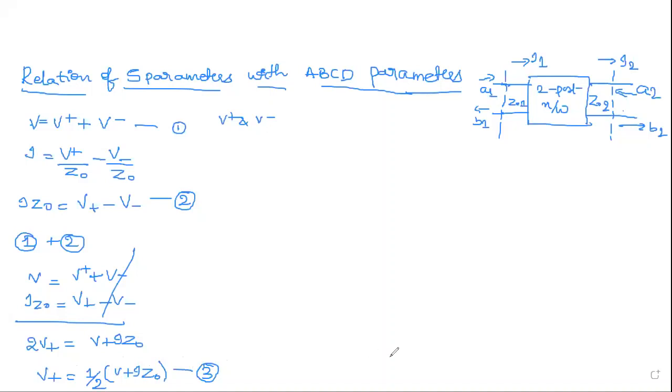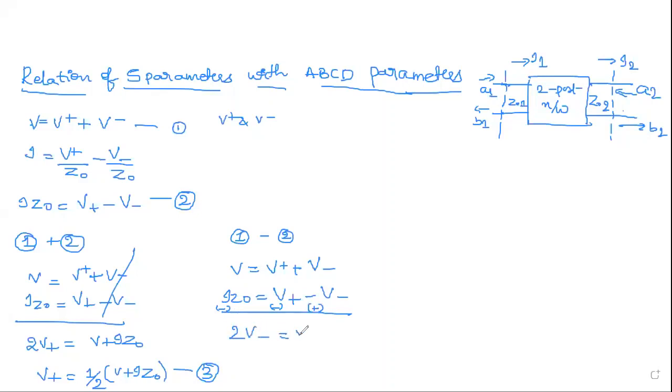Now next you have to subtract. Subtract equation 1 minus 2. So you'll have V is equal to V plus plus V minus. I into Z naught is equal to V plus minus V minus. Change the signs so that you can do the negative operation. So it is V minus, which is equal to V minus I into Z naught. So V minus is equal to half into V minus I Z naught.